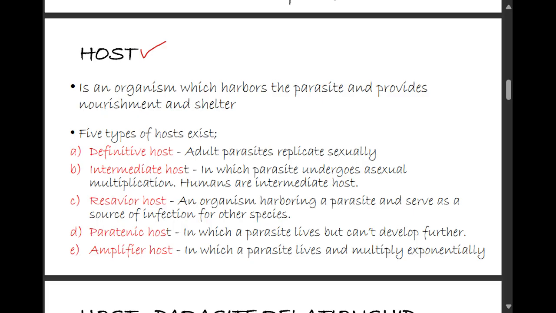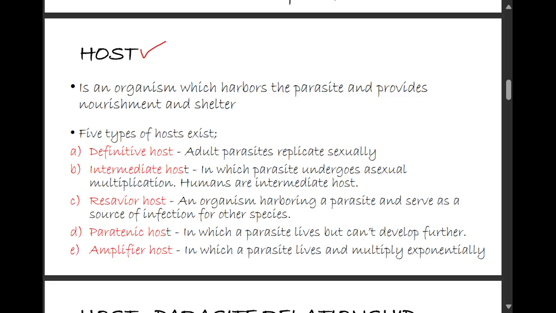So we have five types of hosts in existence. We have what we call the definitive host. These definitive hosts are hosts in which the adult parasite is able to replicate itself sexually.